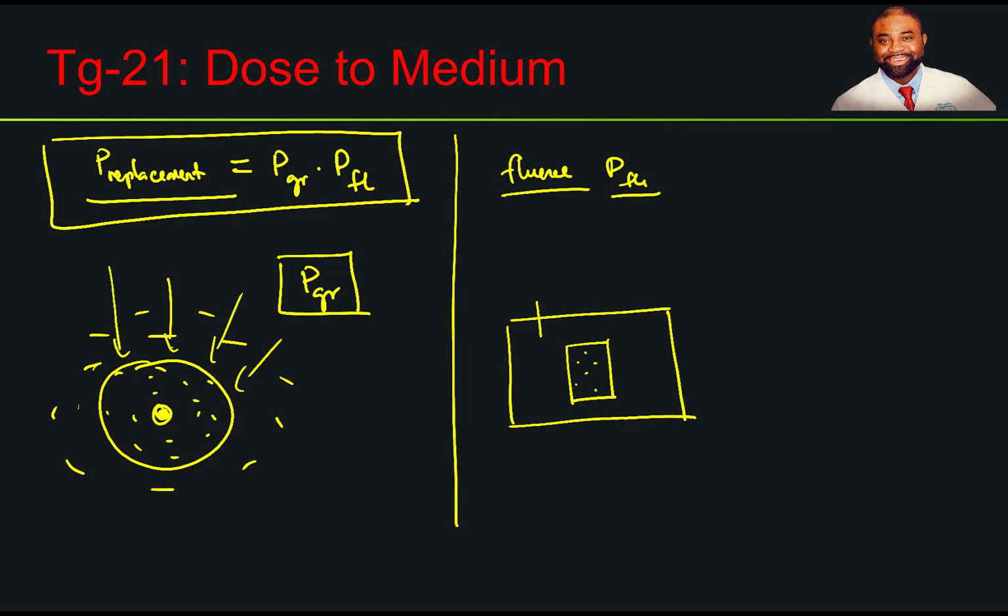In-scatter is electrons scatter inwards, and the electrons that scatter inwards contribute to those within the sensitive volume. This is what we call in-scatter.